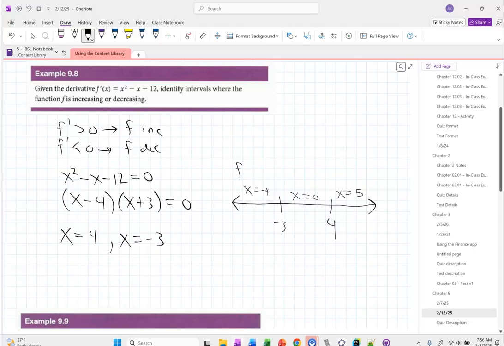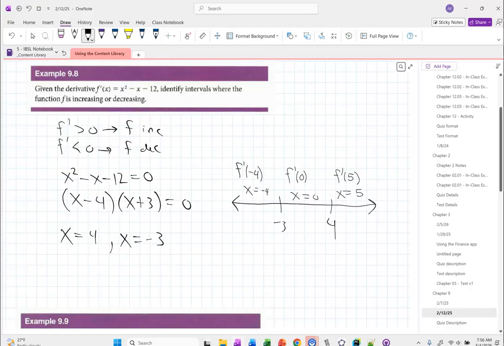And then what I'm going to do is see what happens with the derivative at those values. Now, all I really care about is whether the derivative is positive or negative, correct? I don't actually care what the number is.